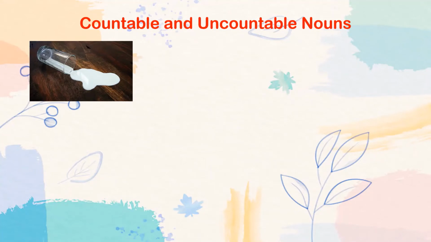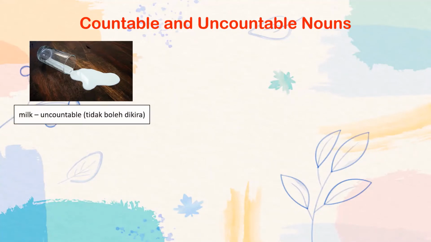Okay. Gambar ni menunjukkan susu. So milk is uncountable because milk is a liquid, cecair, tidak boleh dikira. But the milk in a carton, susu di dalam carton ataupun dalam botol, that is countable because we are counting the cartons or the bottles.